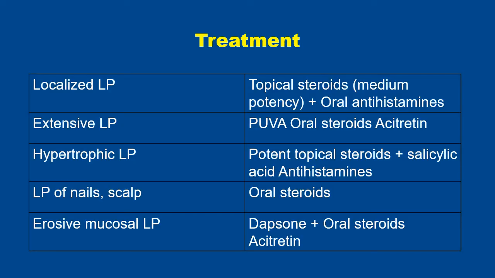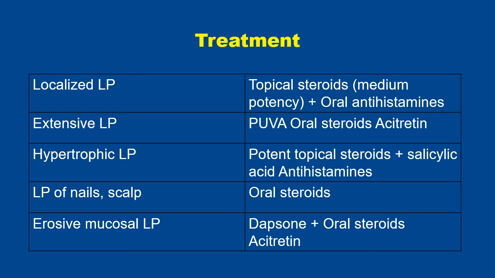Now coming to the treatment of Lichen planus, which can be categorized into the following. For localized Lichen planus, topical steroids of medium potency are effective, and we may add oral antihistamines if the patient is having excessive itching.